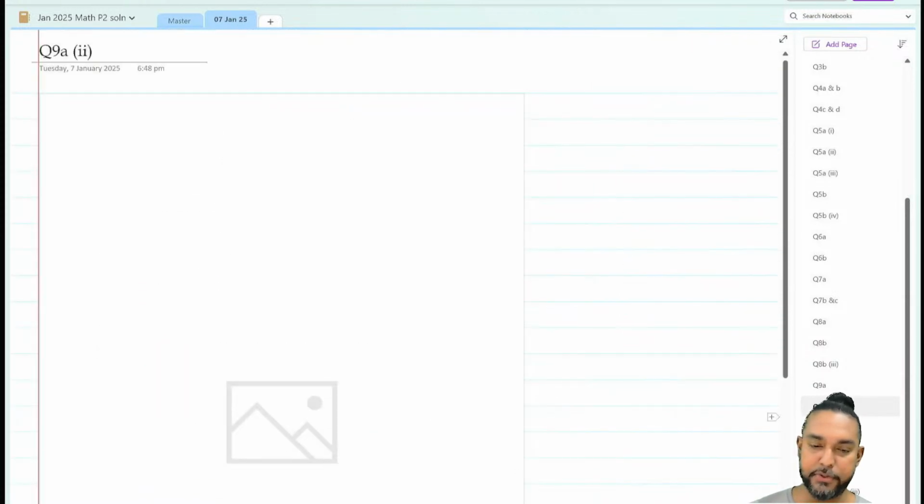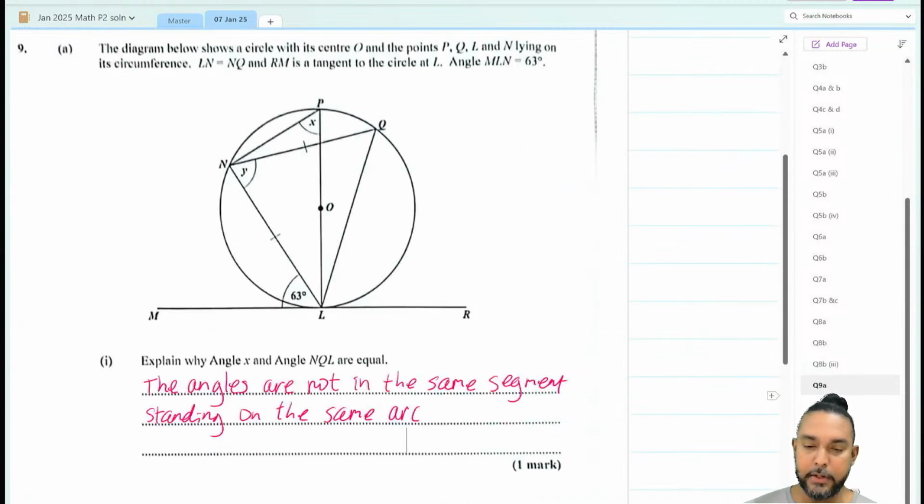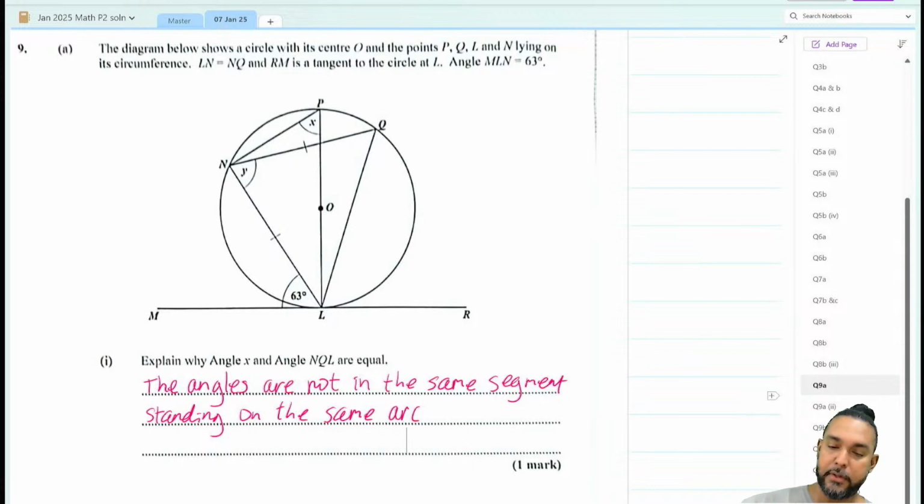Okay, 9a part 2. They want angle X and angle Y. Okay, cool. So we gotta go back here. So angle X. Okay, so check this, right? So this angle here is 63. And this is a chord. And there's a rule that says the angle between the tangent and the chord is equal to the angle in the alternate segment, right?